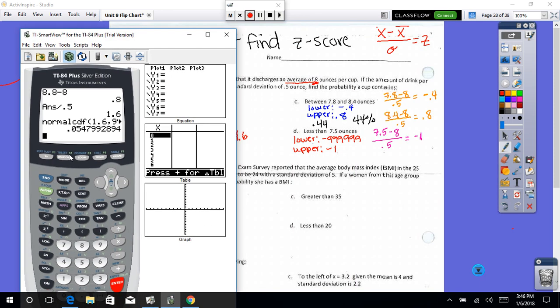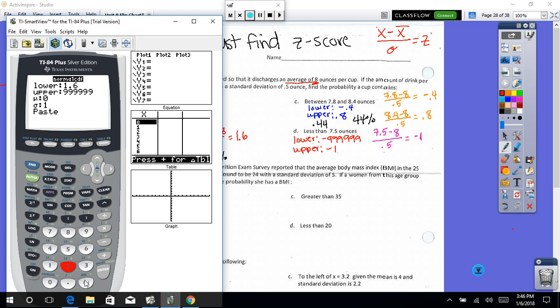When we put this in our calculator, option 2, my lower is that big number, or I should say little, -999,999, with the upper of -1. Paste it.